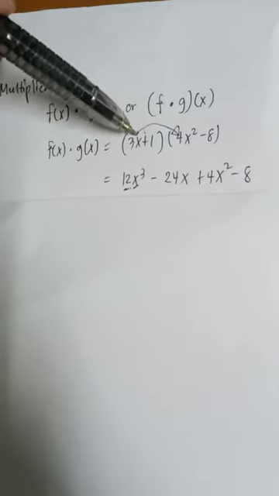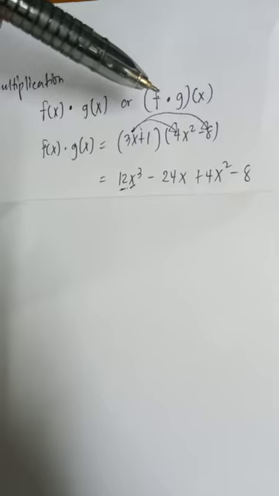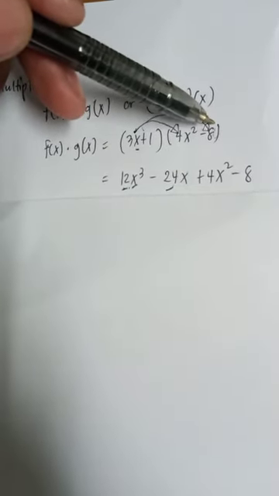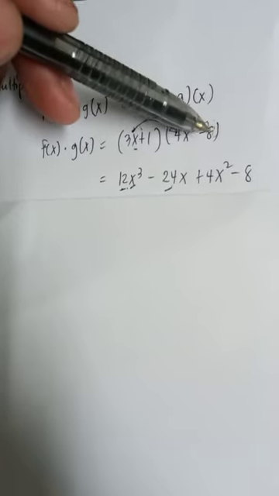So we have 12x cubed. And the next one is 3x times negative 8. So negative 8 times 3, you have negative 24, and then bring down the x because walay x, our 8 don't carry x man. So just the coefficient, no? Just multiply the coefficient.